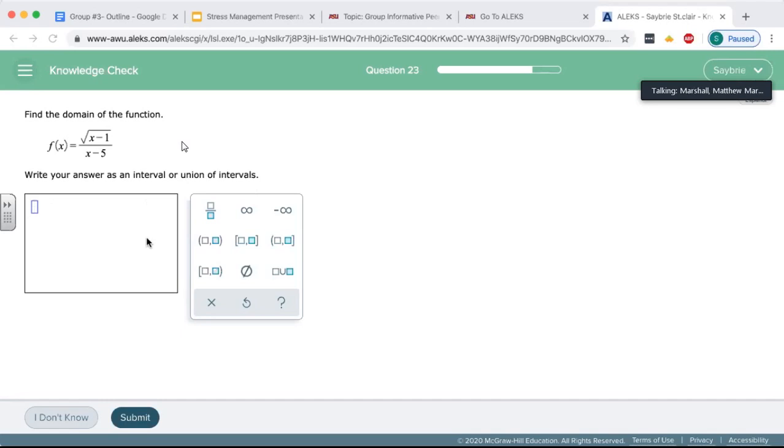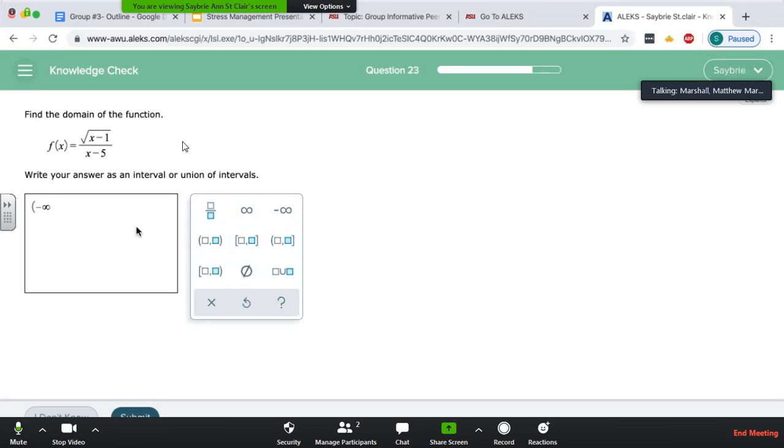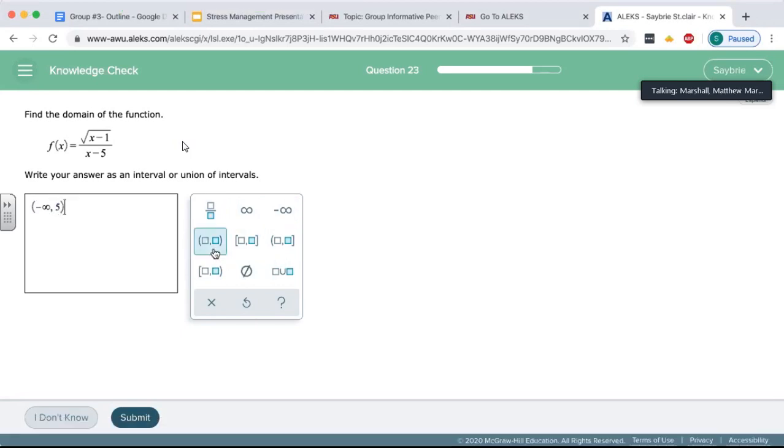So 5 is the bad number. So domain could be all numbers from negative infinity to 5, and then union 5 to positive infinity. But hold on 1 second though.